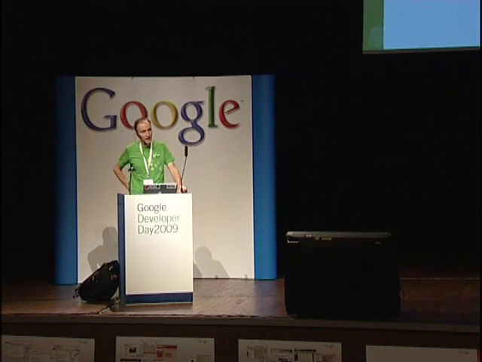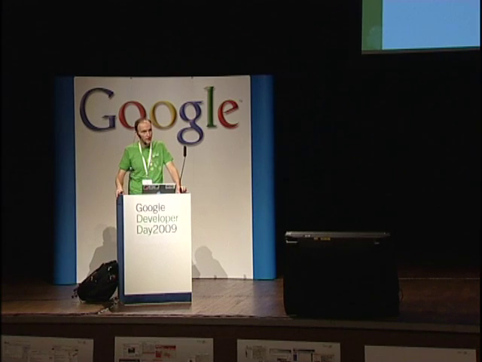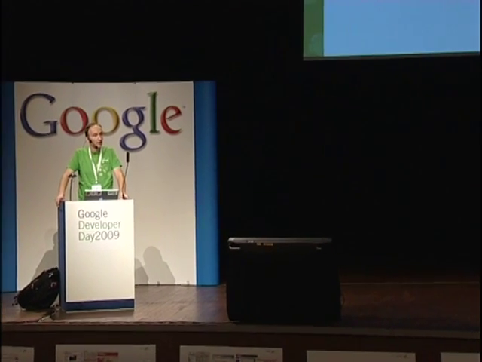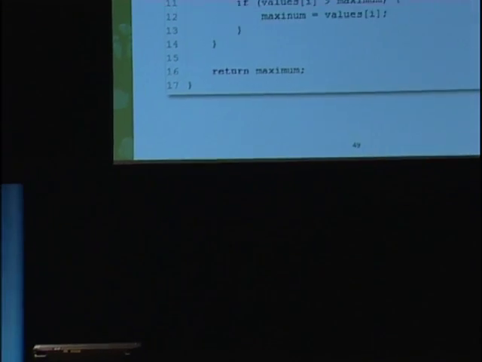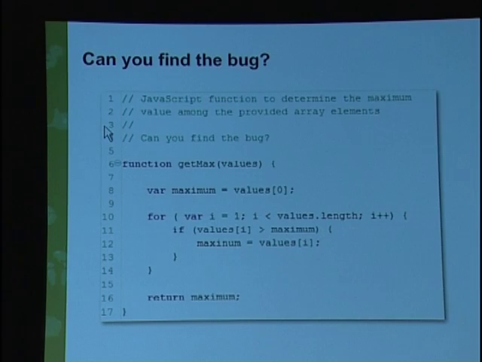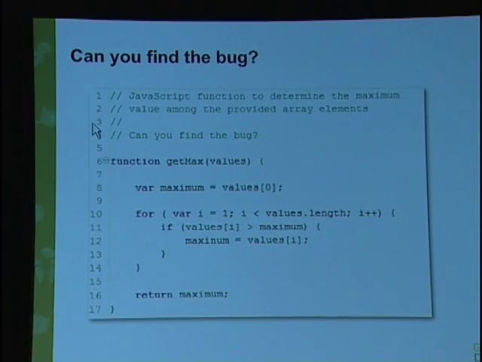There's another reason that static language is important. Here I have a little piece of code that tries to find the maximum value inside an array. Now, if you look at this, and I hope you can read it, there's actually a bug in this code. But it's pretty hard to find. Now, let's walk through the flow.